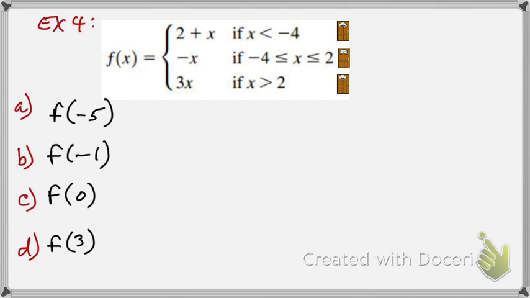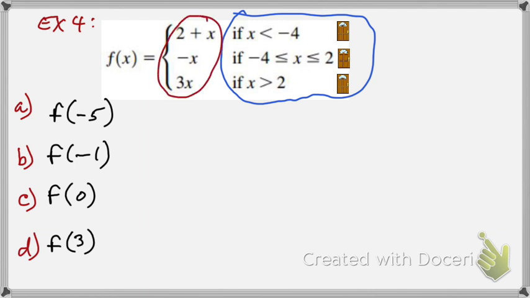Last example. All right, notice all this stuff on the right, all this stuff out here, is just deciding what door to go into. The actual function is this stuff on the left. And only one of those is going to be true at a time.